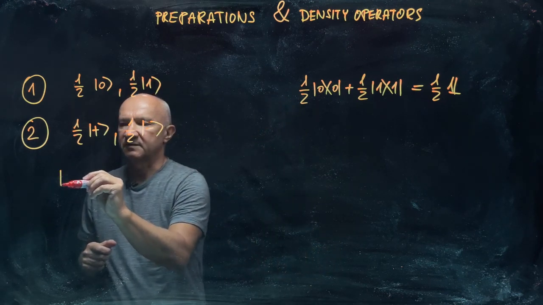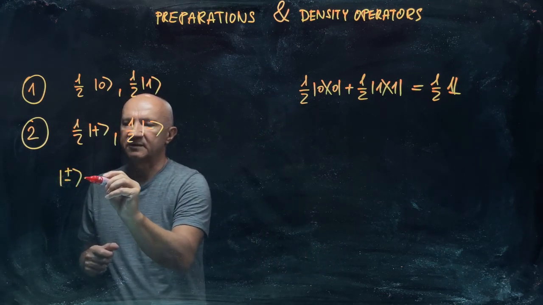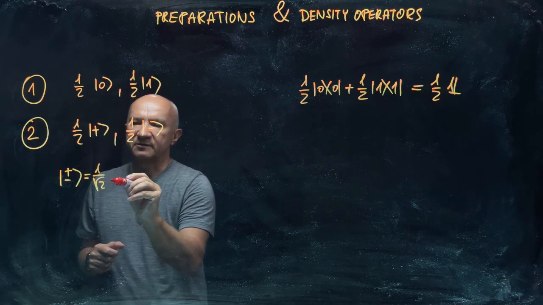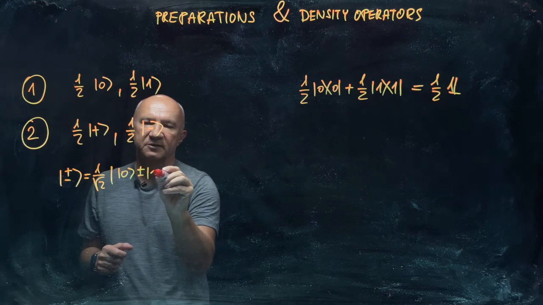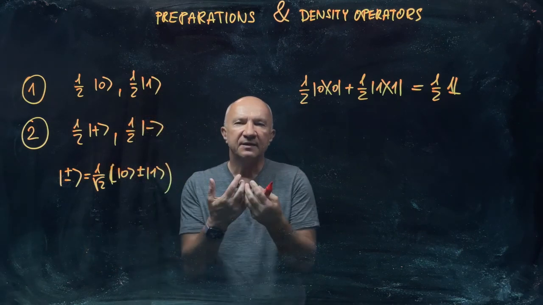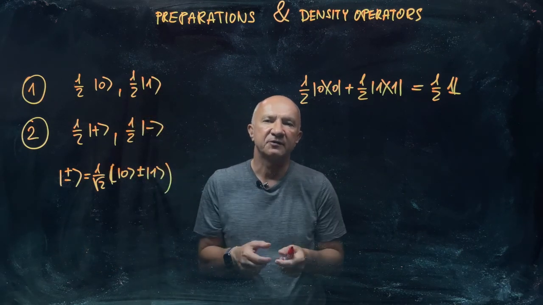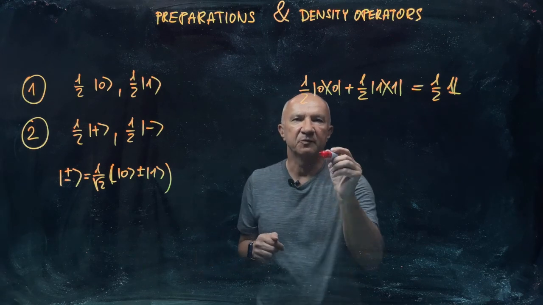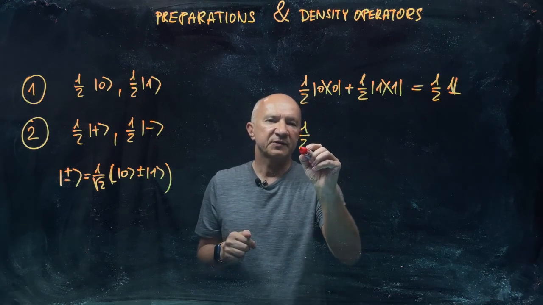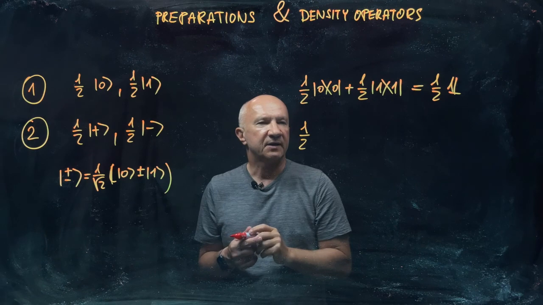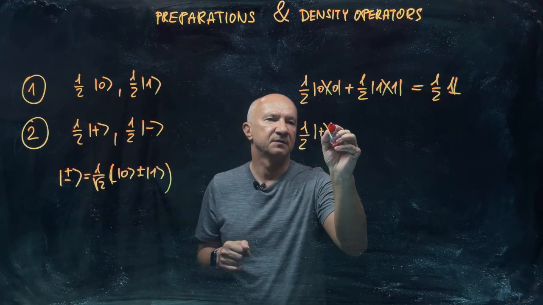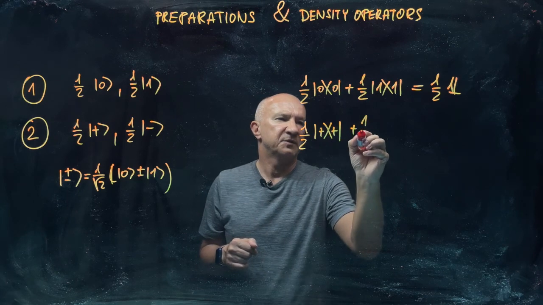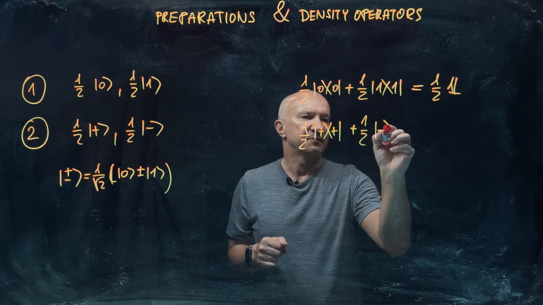For the record, plus minus state is 1 over square root of 2 times state 0 plus minus state 1. Again, you are getting either state plus or state minus from me with the same probability. So from your perspective, you say, well, I have with probability half state plus, and with probability half state minus.